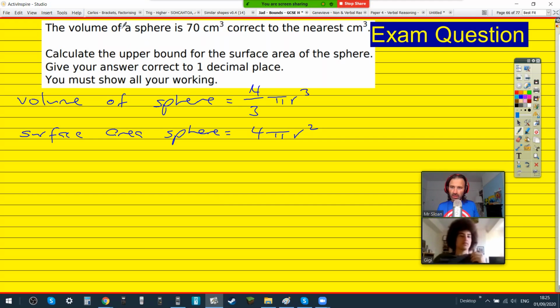Well, you're given the volume. The volume of a sphere is 4/3 pi r cubed. The volume of the sphere is 70, and so 70 equals 4/3 pi r cubed. What would you do next?